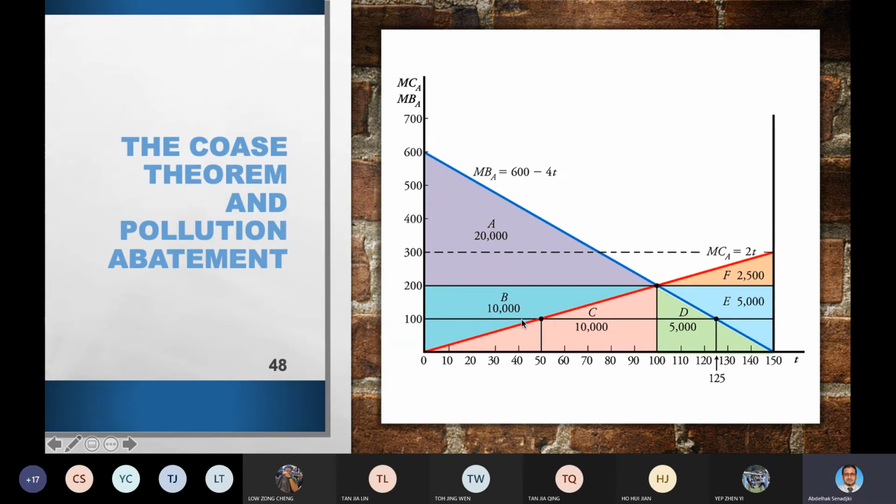So the community here realizes that the marginal benefit for additional abatement, which is greater than $100, actually gives them more additional benefit. So they offer to the firm to reduce more at a higher price.